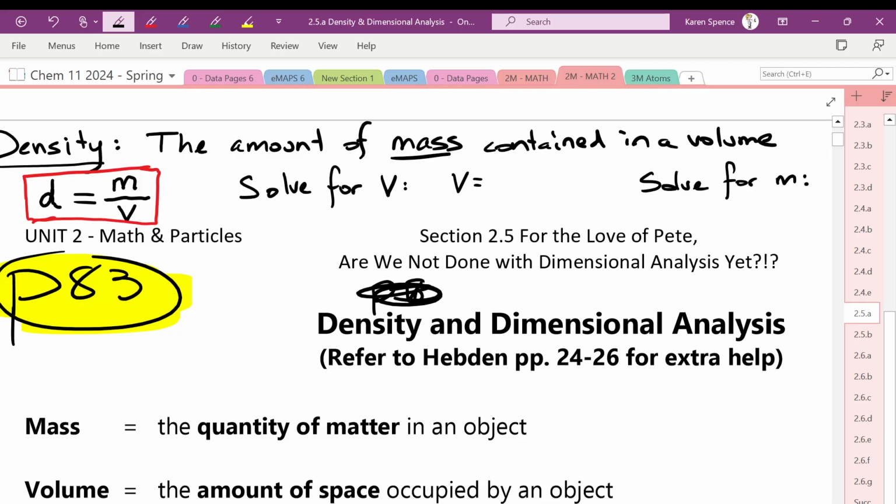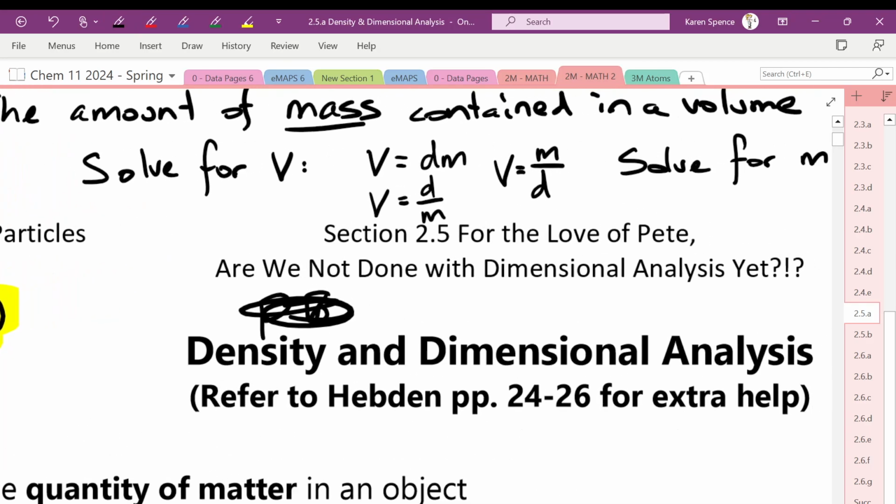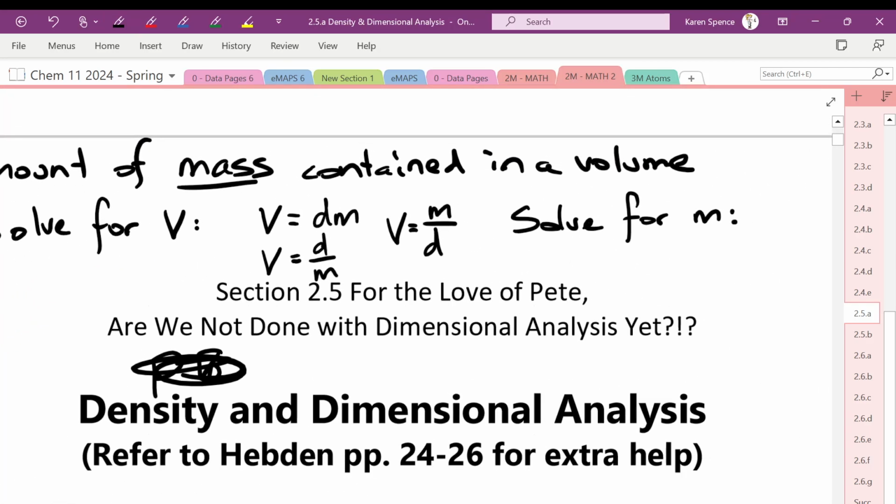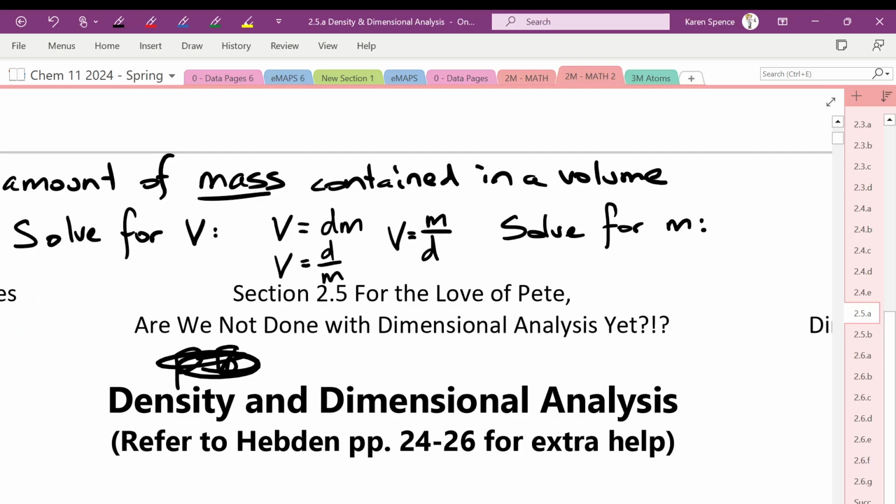Is V equal to D times M, or is V equal to D over M, or is V equal to M over D? Which of those three is correct? Yes. V equals M over D.